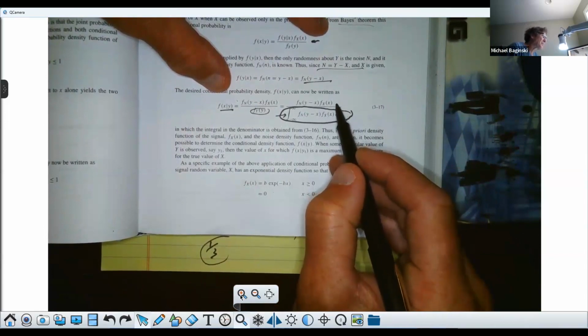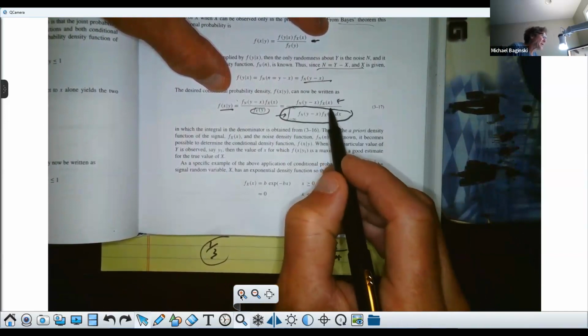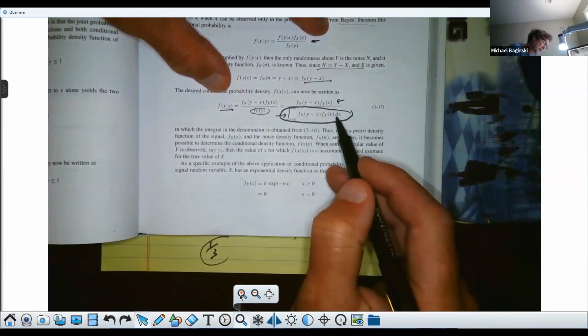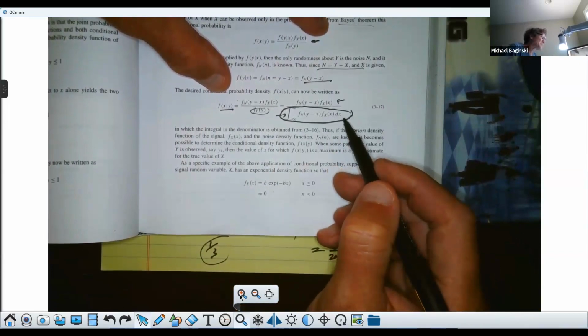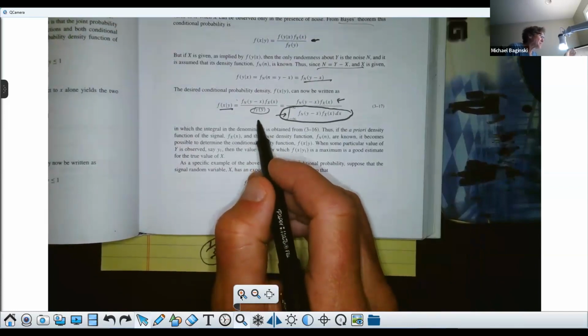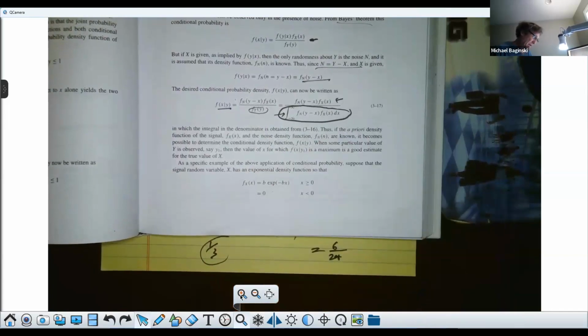Do y'all hear me? That would be the most probable value. So you take the numerator, take a derivative with respect to x, set it equal to 0. This down here is just going to be a constant value because y is known. Do y'all follow me? F of y here, y will be known. It's observed. So the most probable value of x, you take a derivative of that.